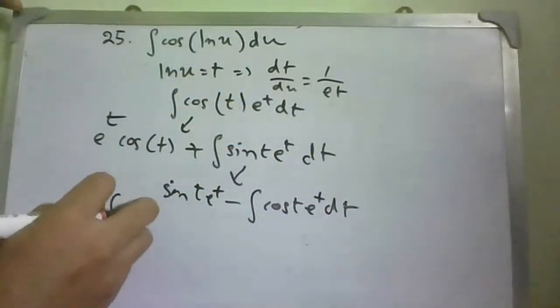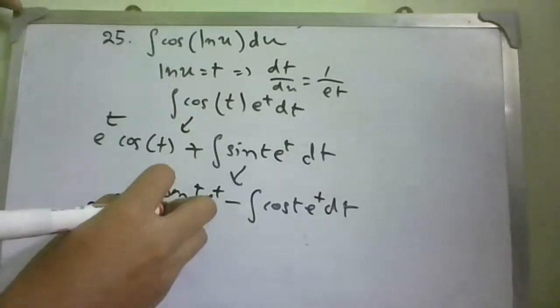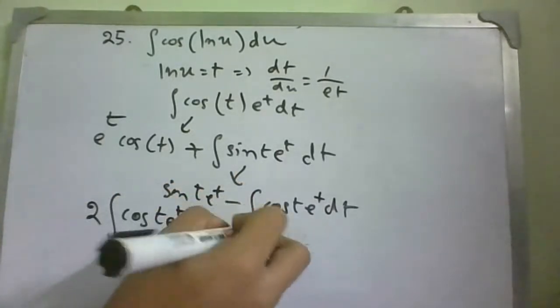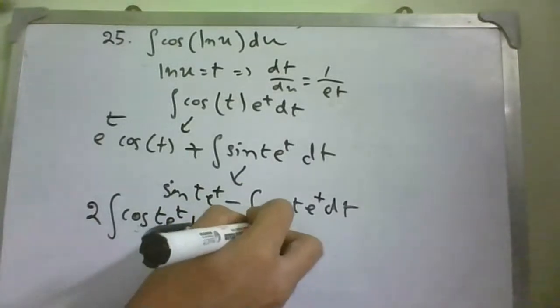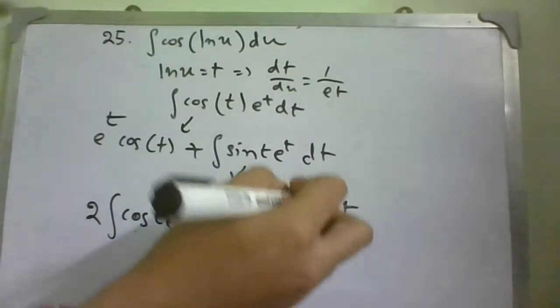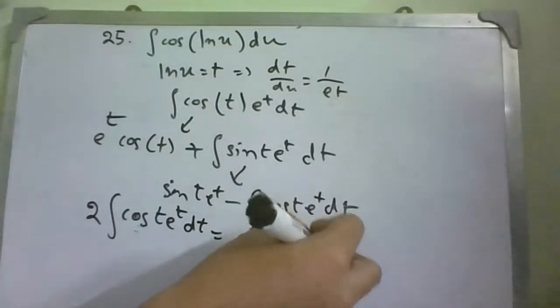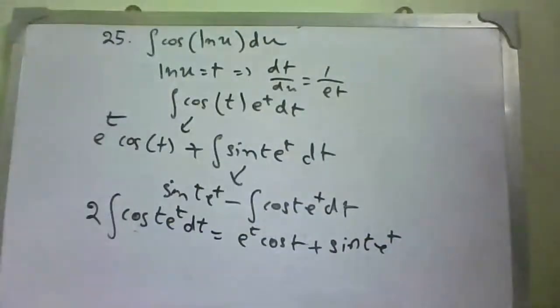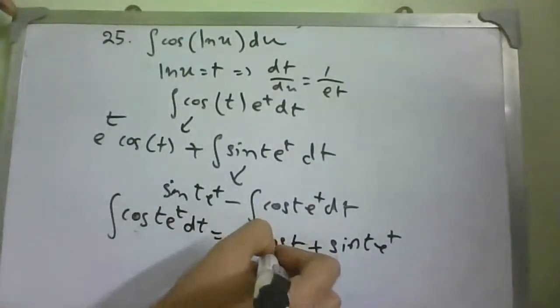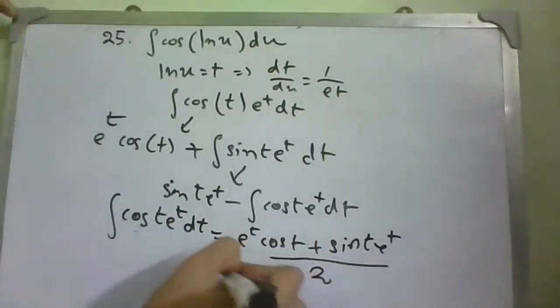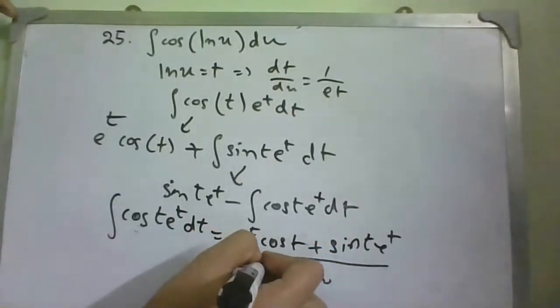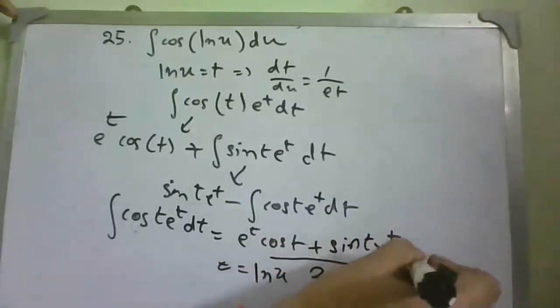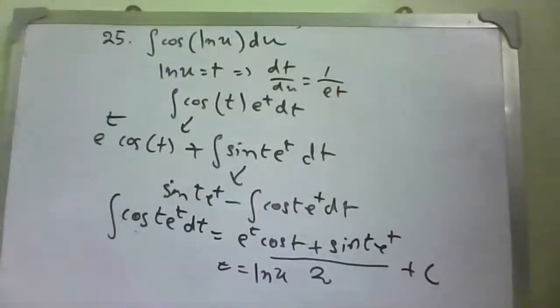So this is, the integral of cos t e to the power t dt is e to the power t times cos t plus sin t, divided by 2, and t is basically natural log of x. And we are done for the time being, I guess.